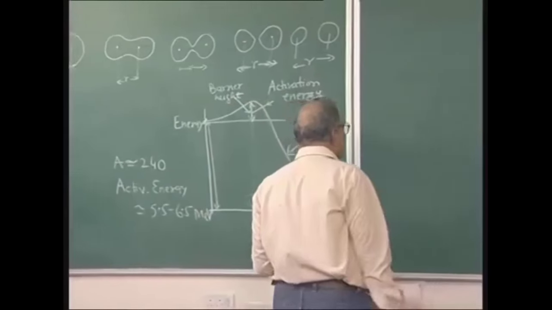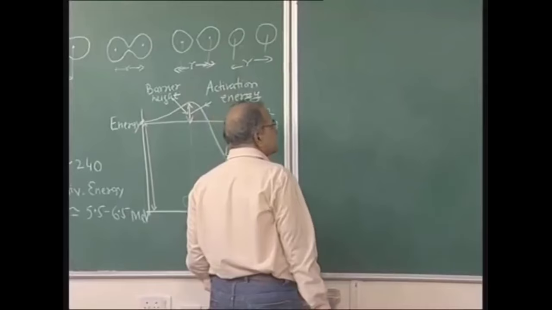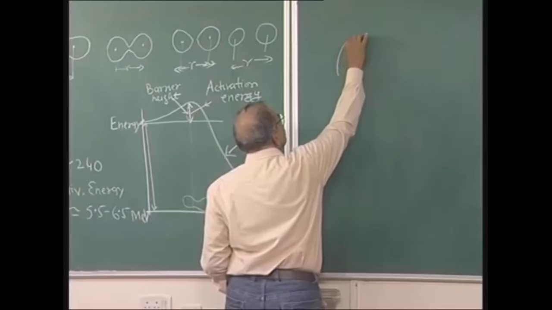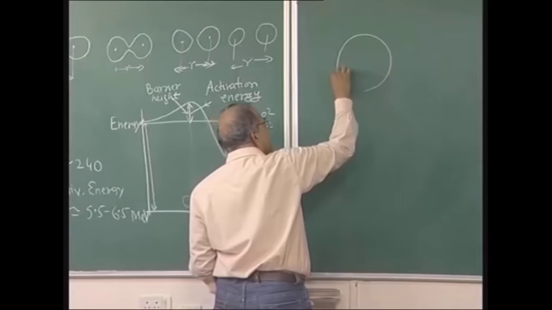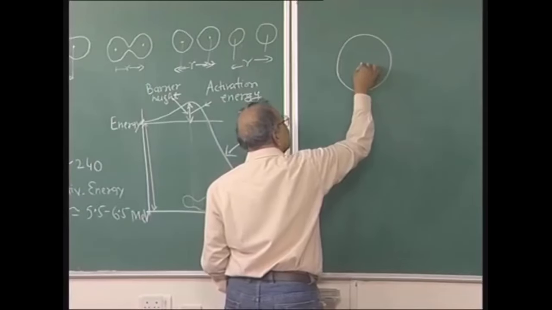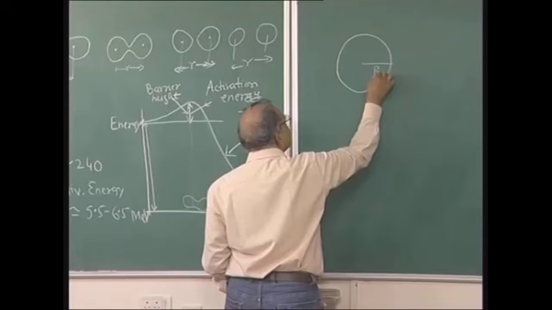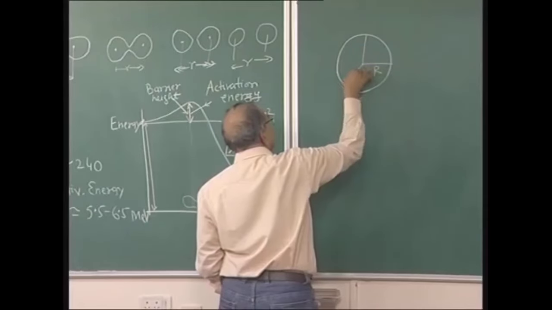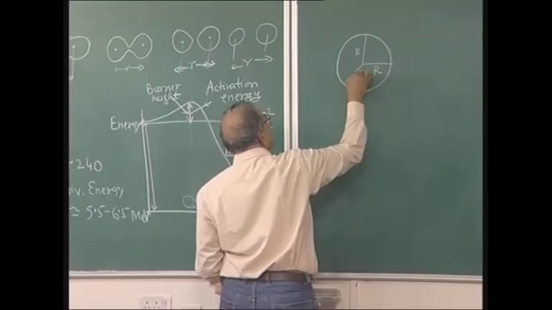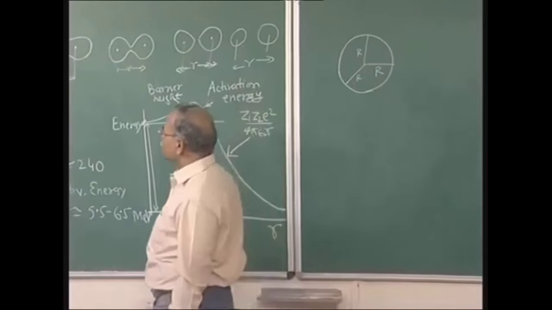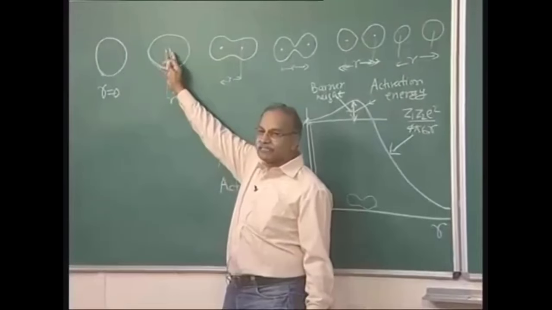So, if you want to work out the condition for that, you have to do a little bit of geometry. If you have a sphere of radius say r and you deform it slightly into an ellipsoid shape, the first stage let us say of this type.